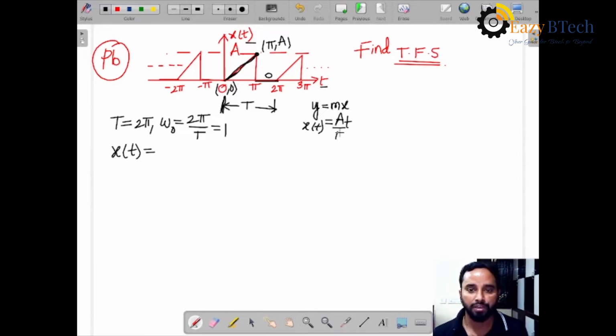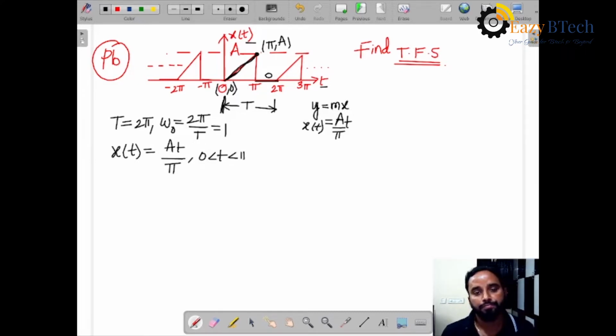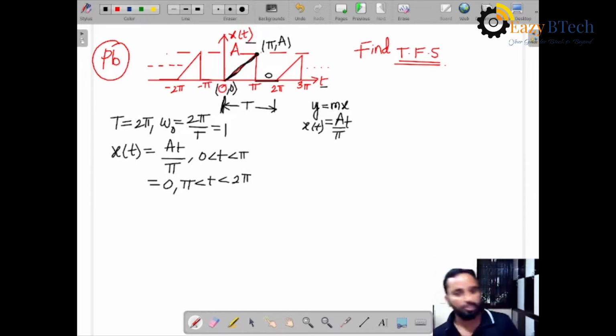So A by pi. So this is x of t, A t by pi, from 0 to pi. And what about pi to 2 pi? x of t is 0. So this is the clarity about x of t.